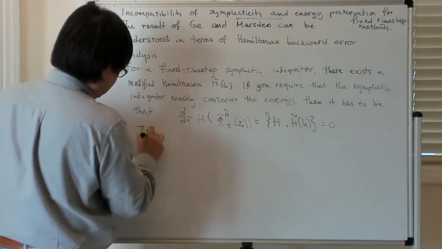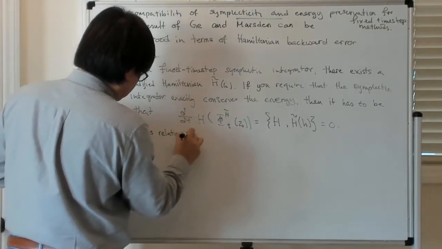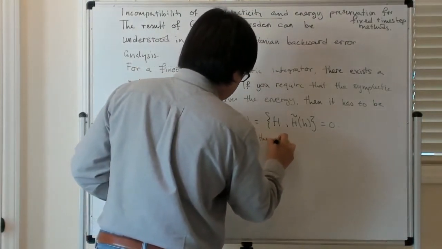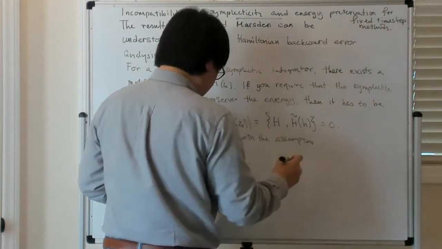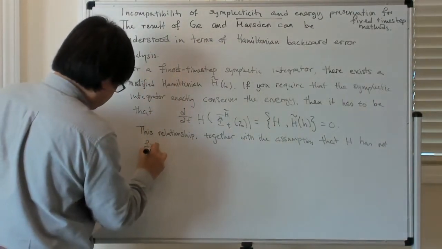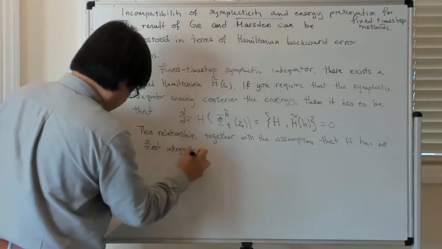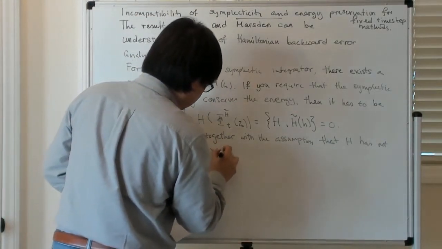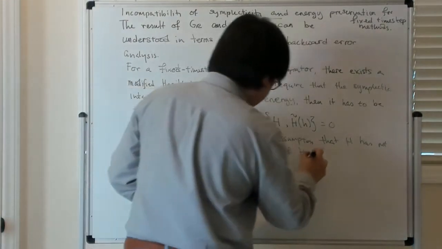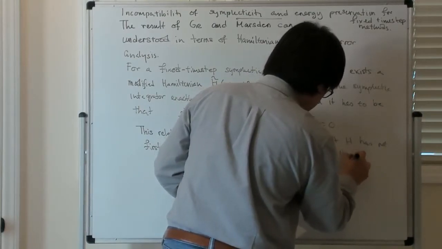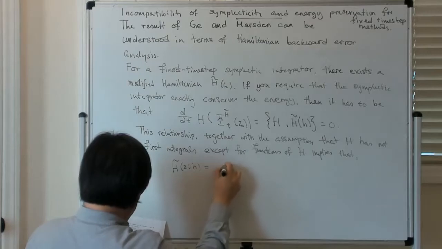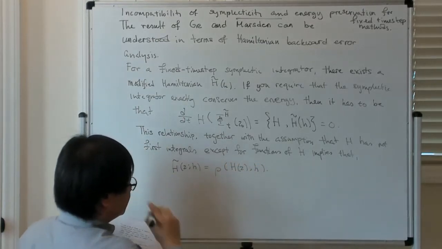So this relationship, together with the assumption that H has no first integrals except for functions of H, implies that H tilde, which is the modified Hamiltonian, is some function rho of H and the time step.